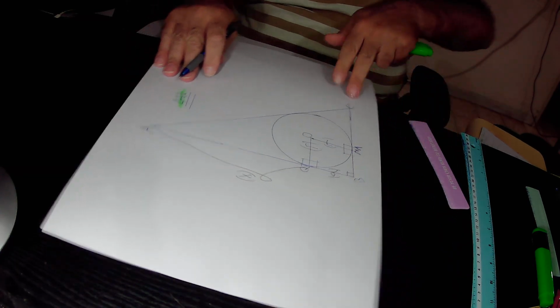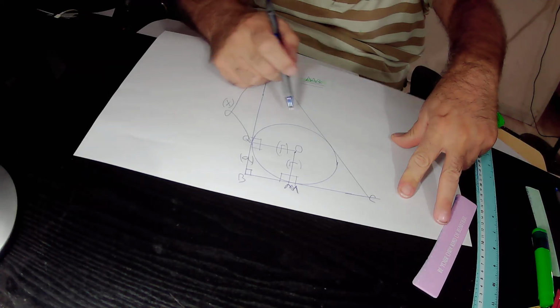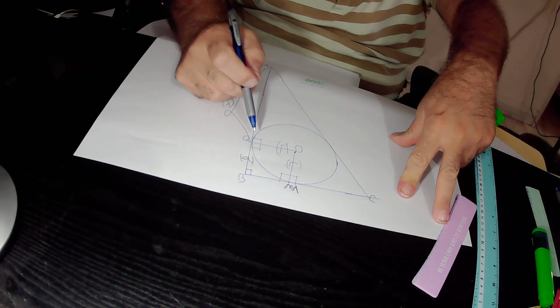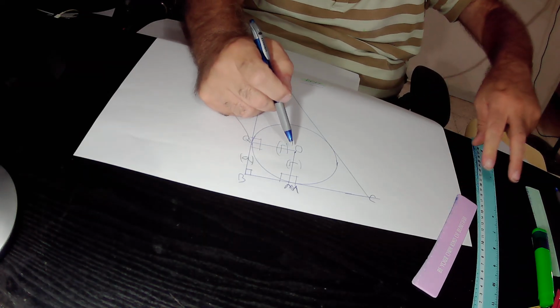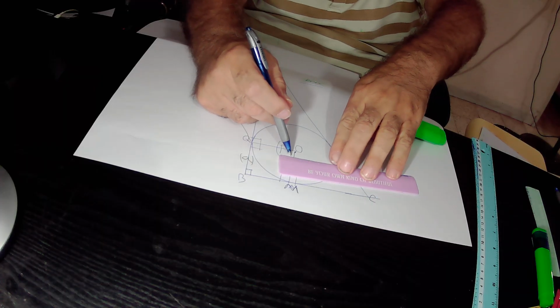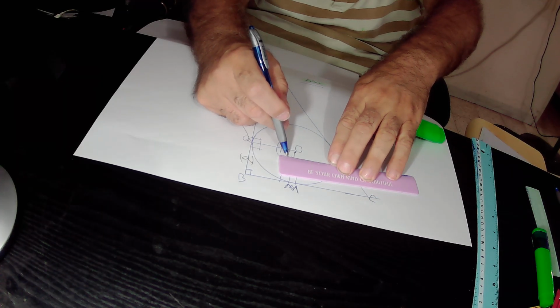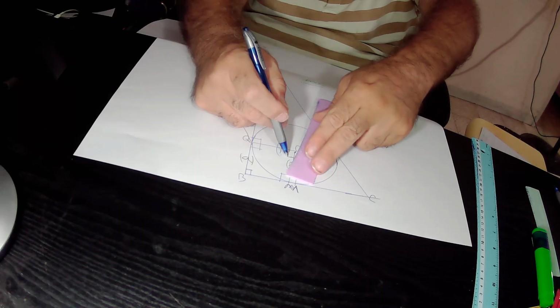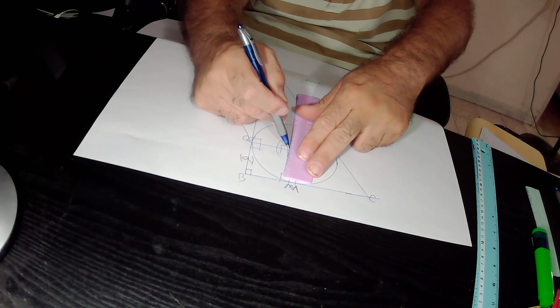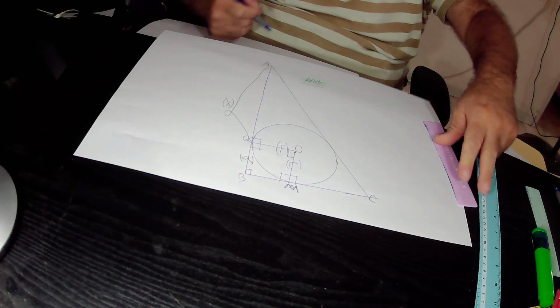So in this small quadrilateral OQBM, we have three right angles, and therefore this fourth missing angle must be equal to 90 degrees in size according to the rule that says that the sum of the angles in any quadrilateral is equal to 360 degrees.